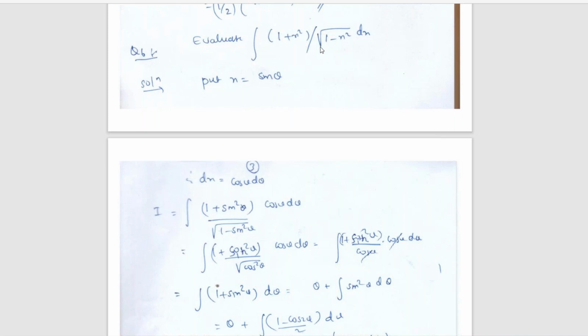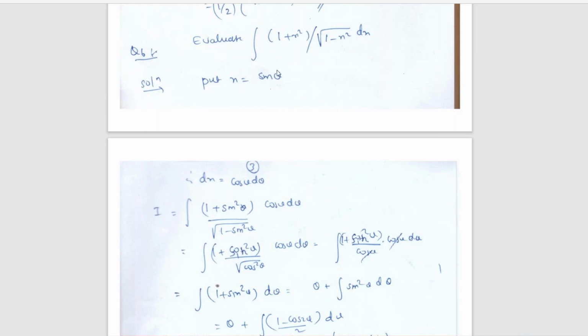If the integrand involves the form square root of a square minus x square, then you have to use the substitution x equal to a sine theta. That is the standard form.